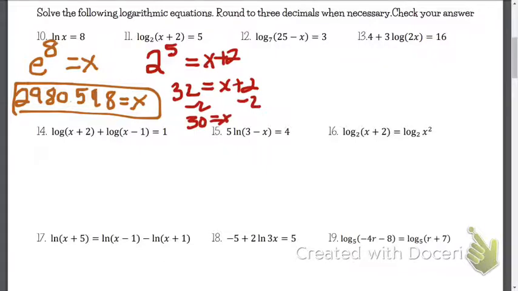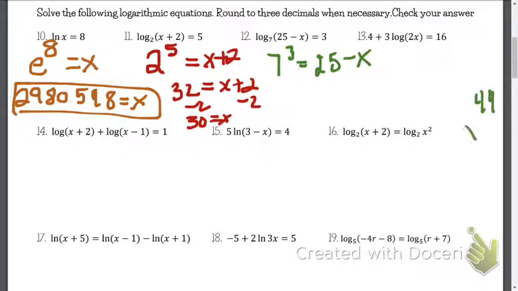Number 12. Log base 7, 25 minus x is equal to 3. This one, let's check it out. Okay, 7 to the 3rd power is equal to 25 minus x. All right, 7 to the 3rd power, 49 times 7.